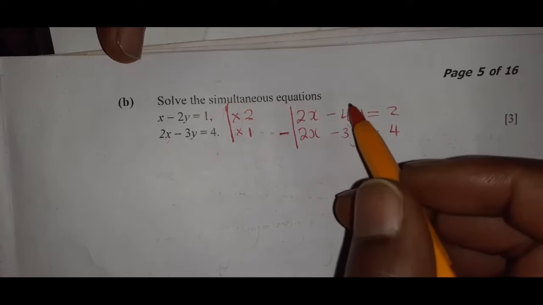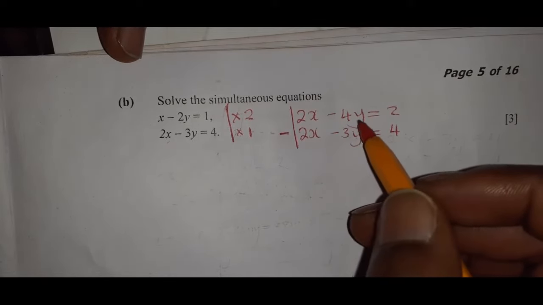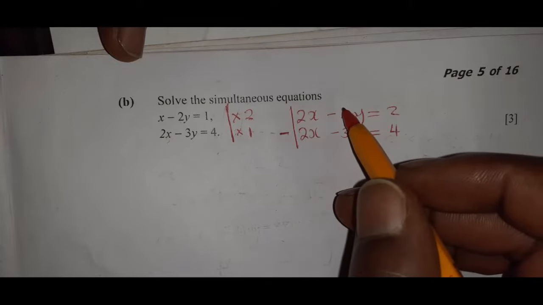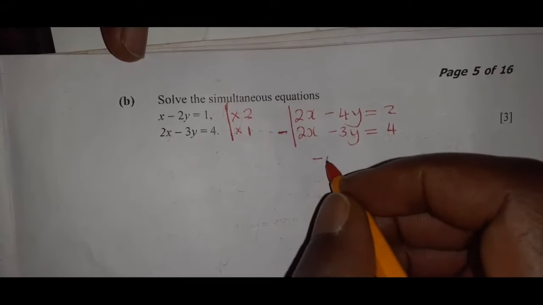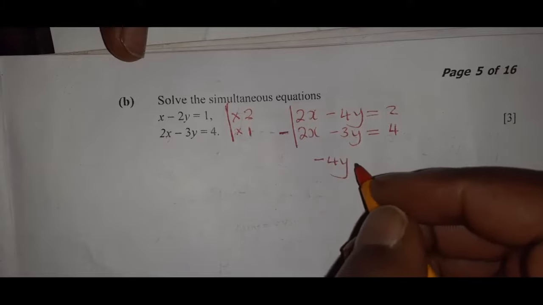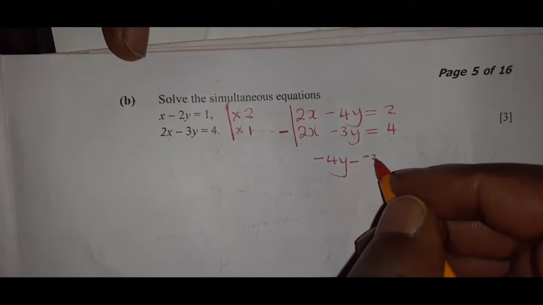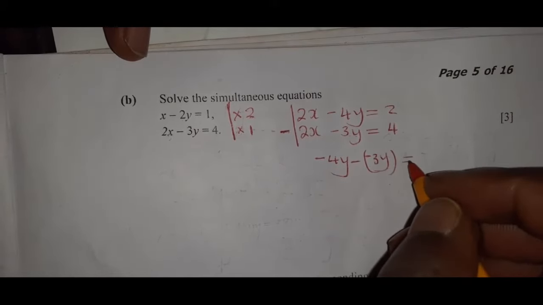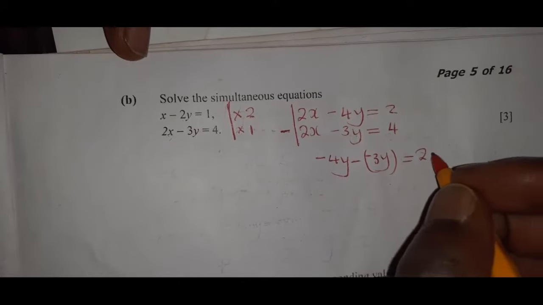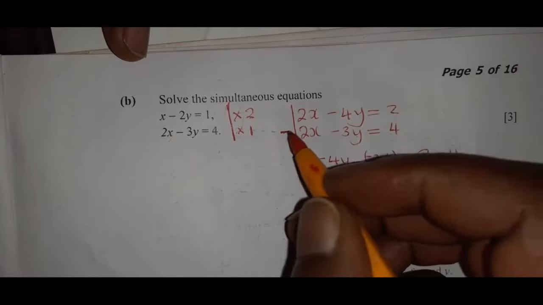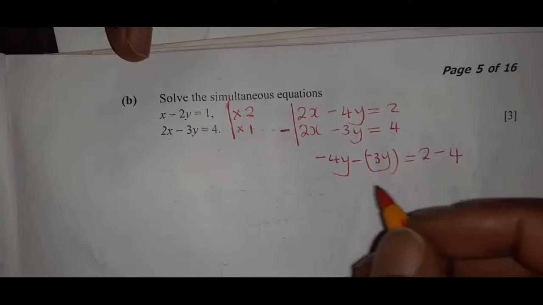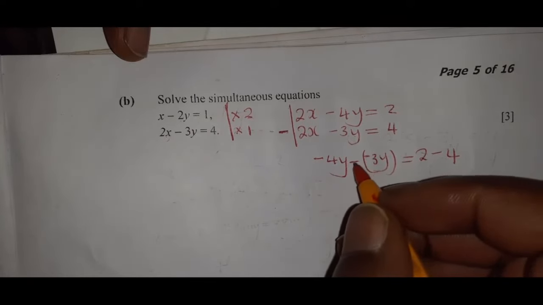Then when we come to this one, we are going to have -4y minus -3y is equals to 2 minus 4. This will be a plus here, you should know that.